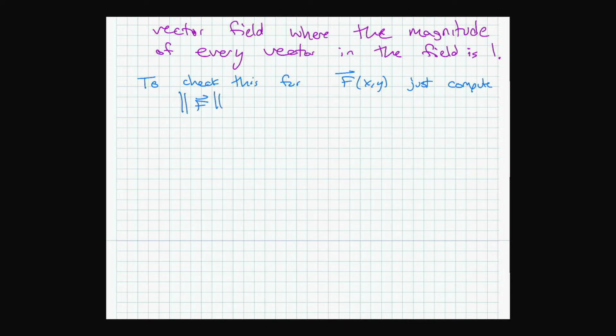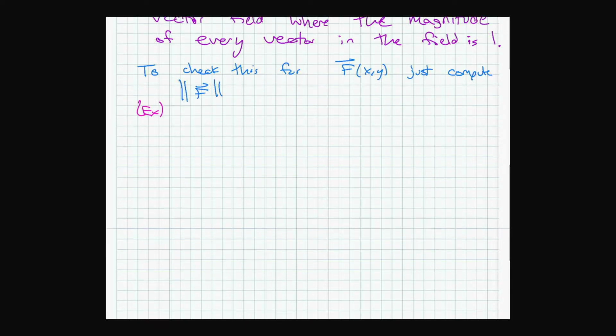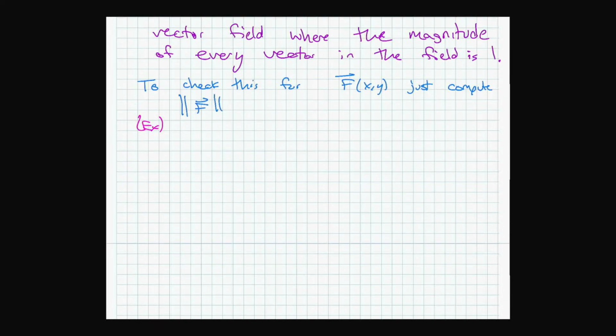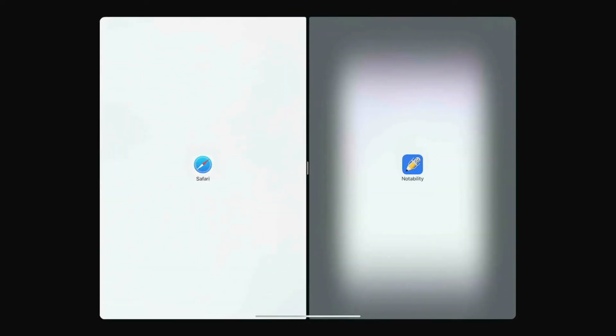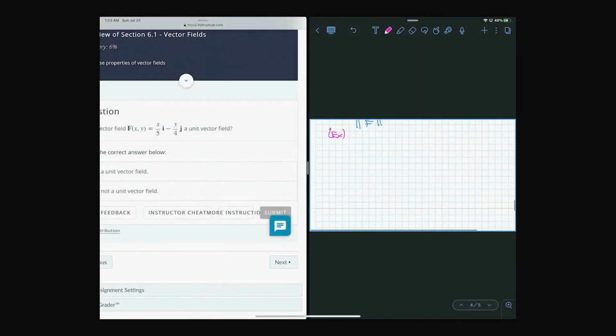That's it. F is a function of x and y. That's fine. You just keep the x's and y's, and somehow they'll just magically go away if it's a unit vector field. Also, once you've done one or two examples, it'll be obvious.